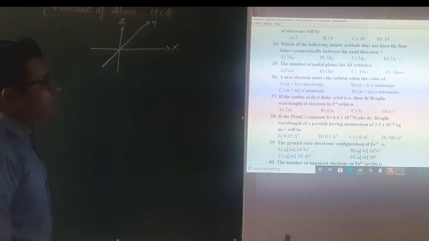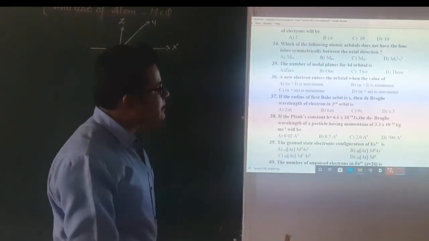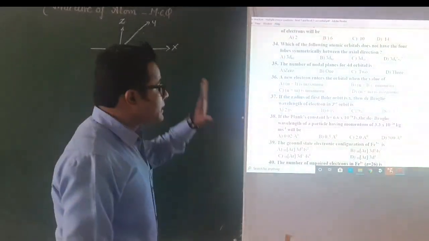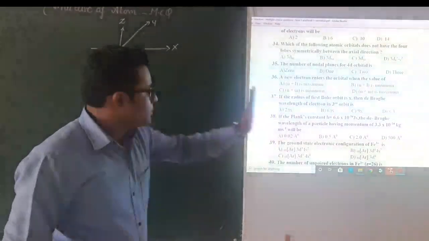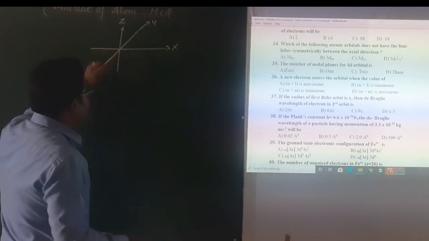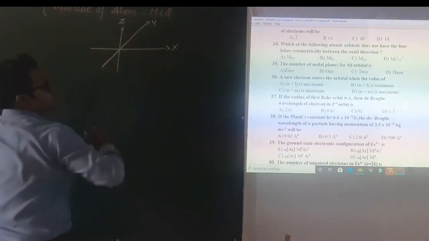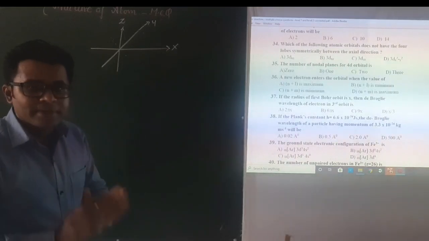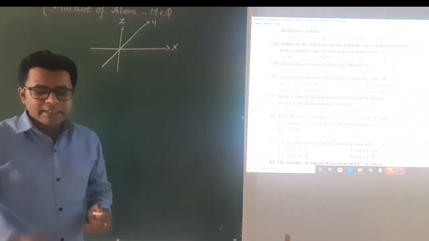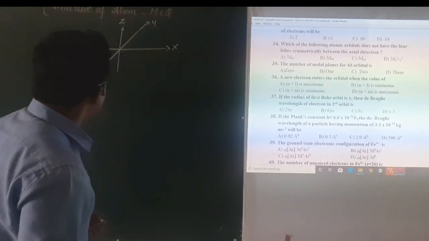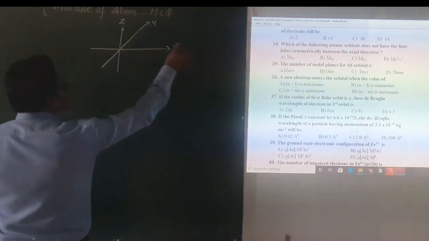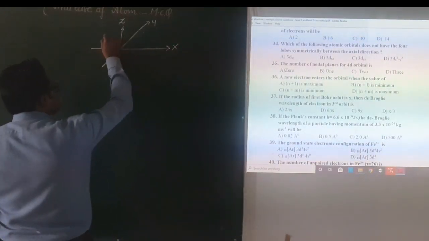Now there is only one particular orbital in the D subshell which is not lying in between. It is not lying like this in between the x and y and z. It is lying exactly on these particular axes. And that particular orbital is going to be represented something like this.